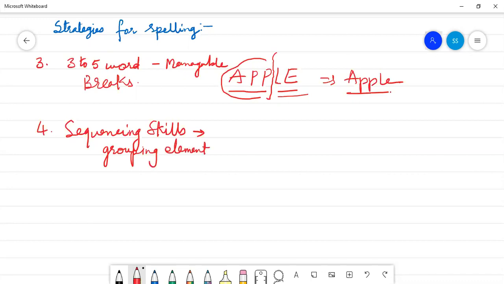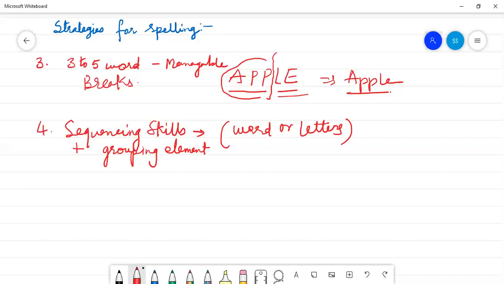These both are the same. Whether you say sequencing skills or grouping elements, it is the same. In a simpler way, it is nothing but the words or letters which we have initially discussed. That is a grouping element.